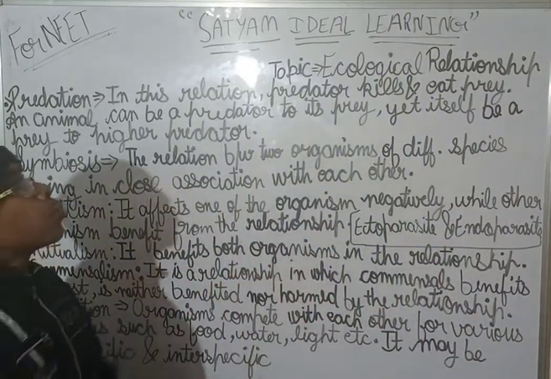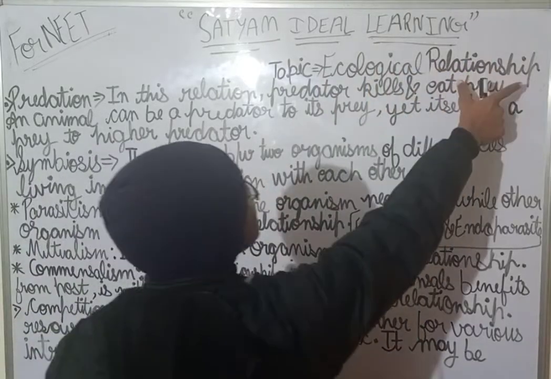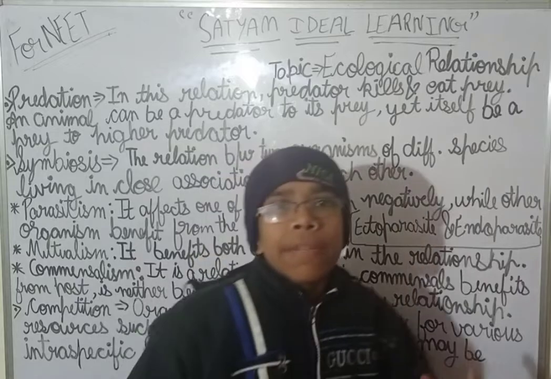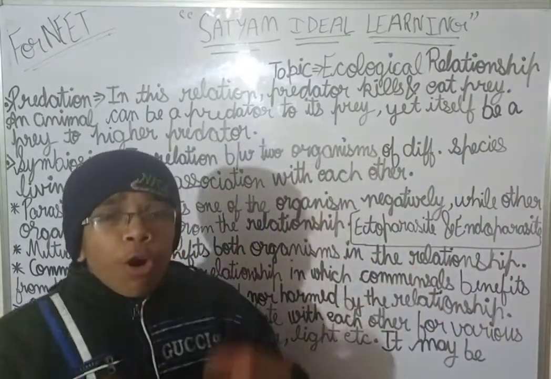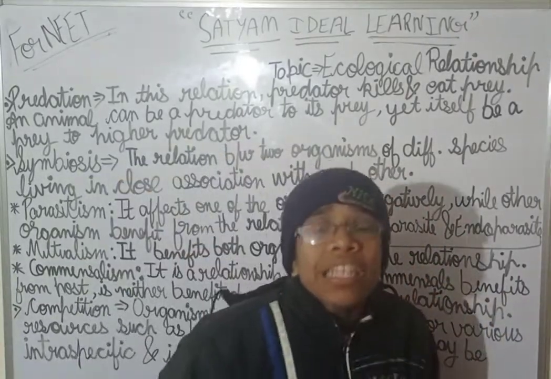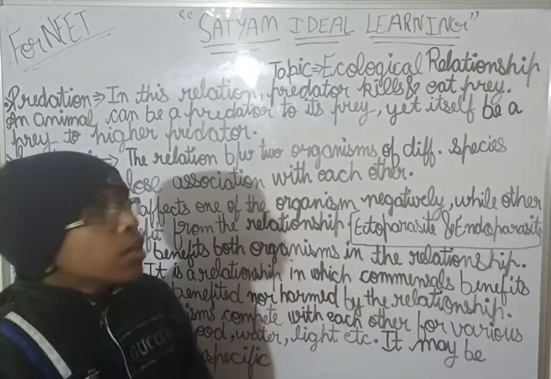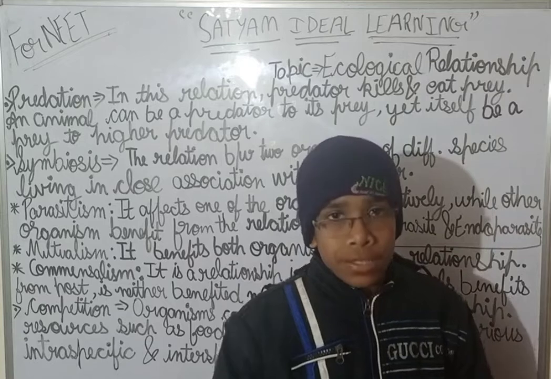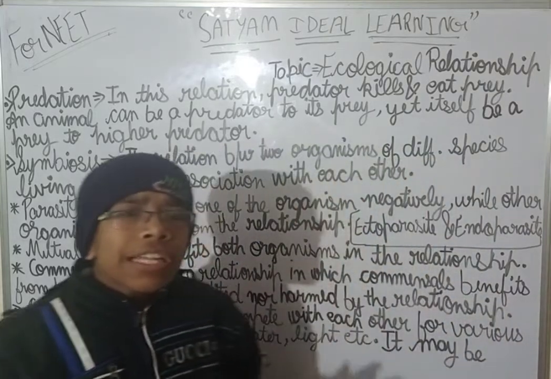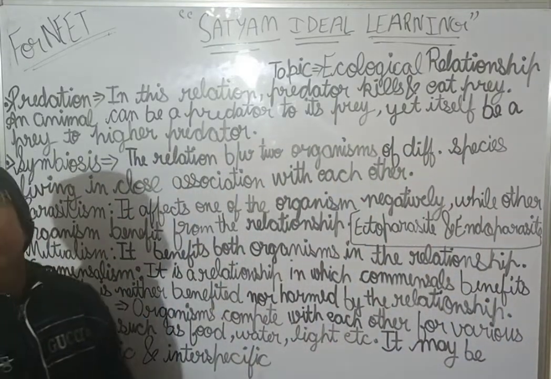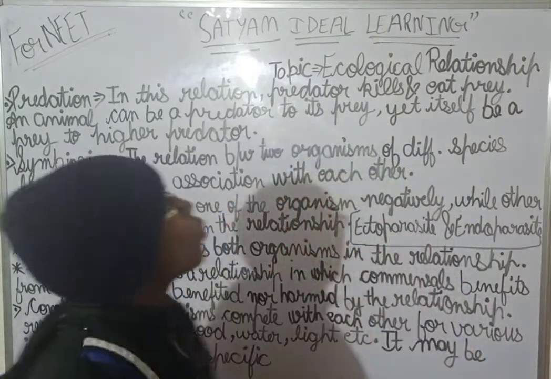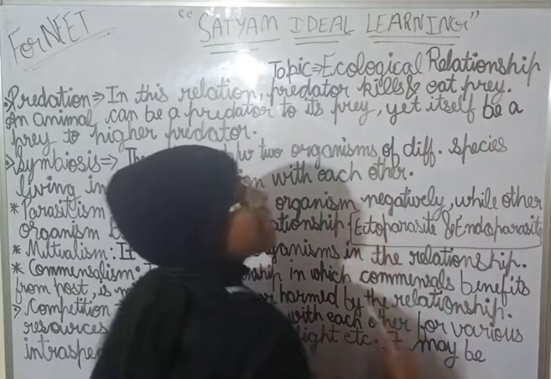At the very first, what is ecological relationship? You know that some organisms are dependent on each other for food, camouflage, shelter. So organisms are dependent on each other for these substances and they form certain specific relationships with other organisms, and that relationship is known as ecological relationship.